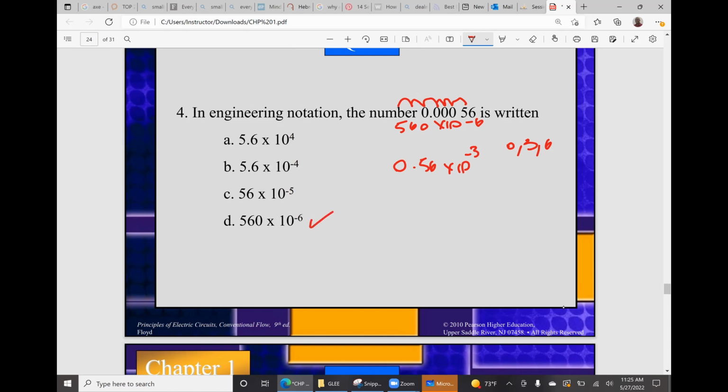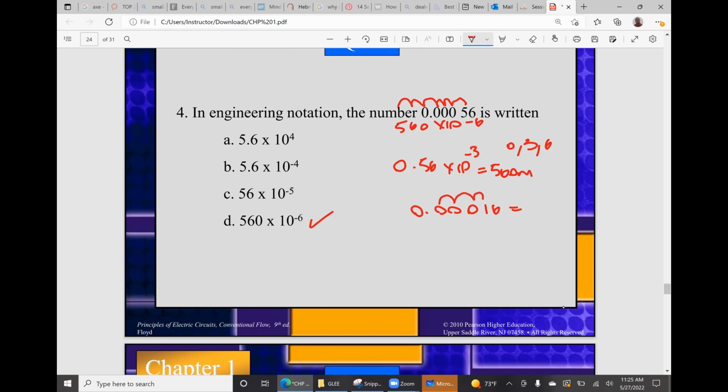Right, so again, it's just a matter of moving the decimal. If we had another example, for example 0.00016, if you write this as milli, it's going to be 1, 2, 3.